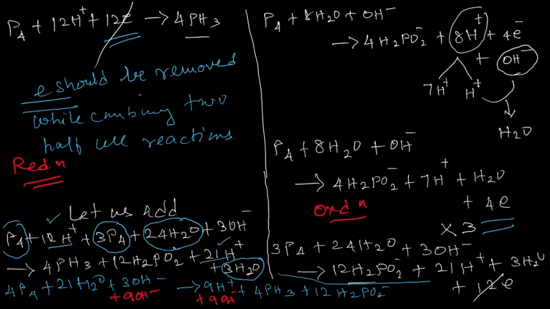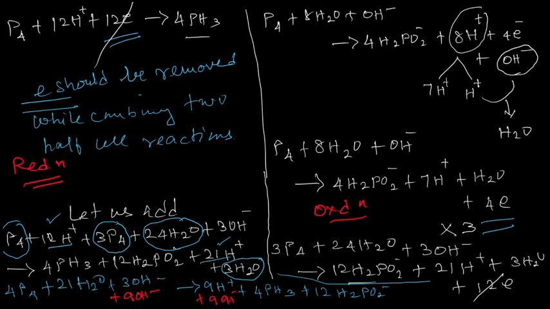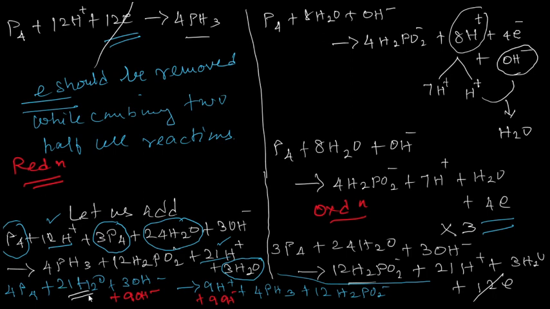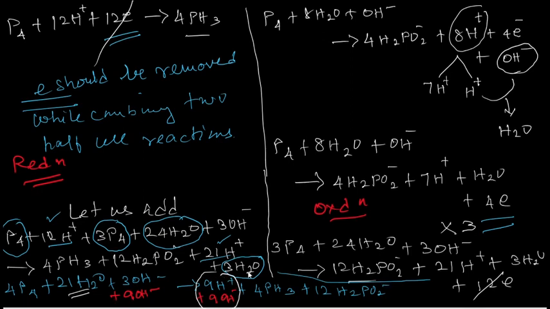So now let's write the equation by reducing it: 4P4 plus 21H2O. And I already said that on the RHS side it has become 9 molecules of H2O. So if we reduce that, we'll get 21 minus 9 as 12 H2O molecules.